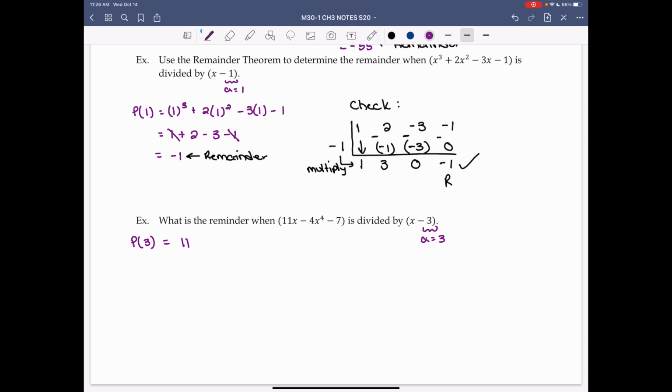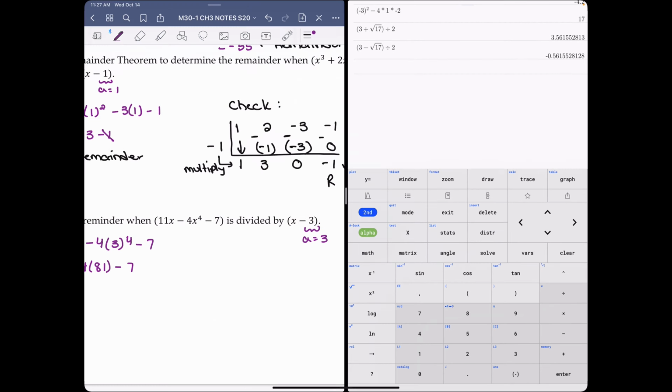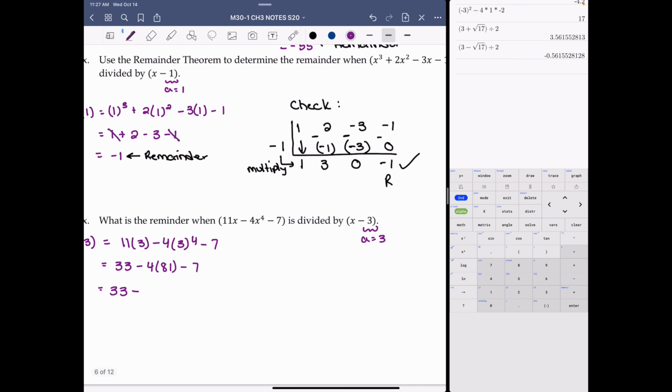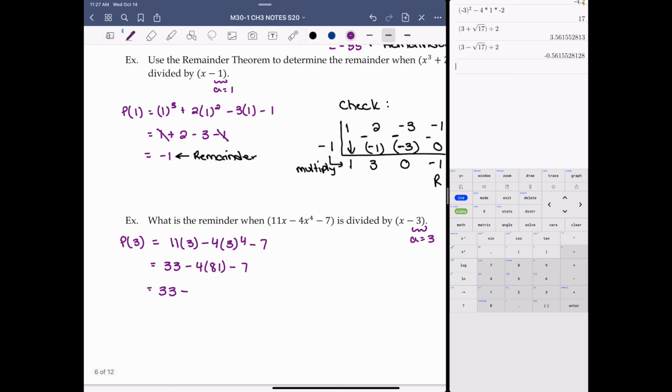We have 11 times 3 minus 4 times 3 to the power of 4 minus 7, which is 33 minus 4 times 81 minus 7, which is 33 minus negative 4 times 81 is negative 324, and then minus 7. 33 minus 324 minus 7 is negative 298, which according to the remainder theorem would be our remainder.